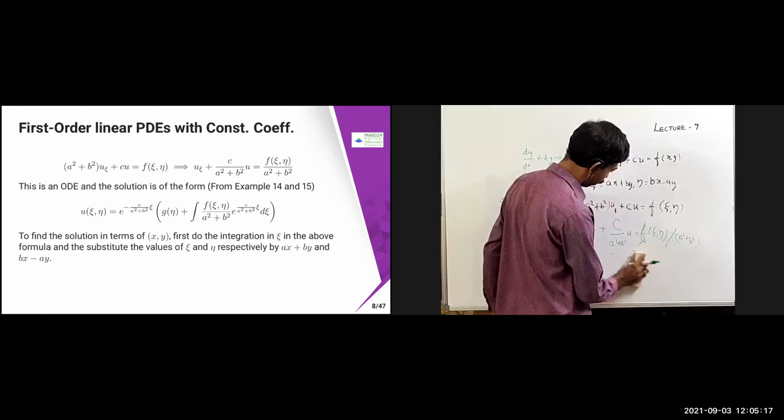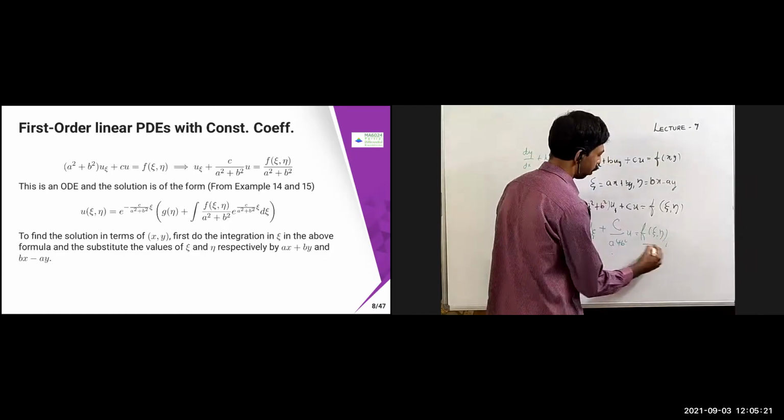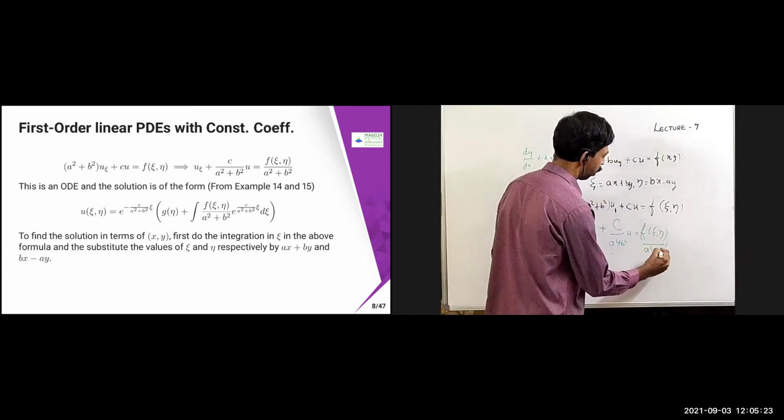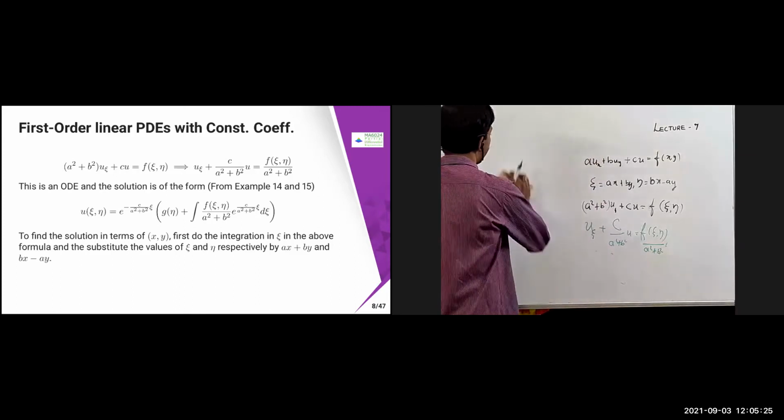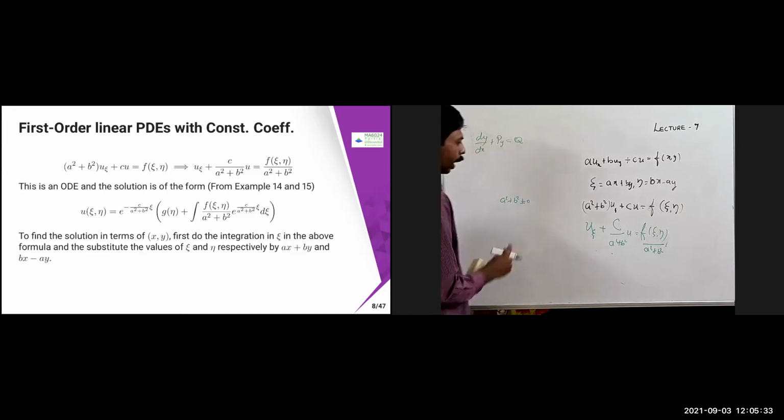Okay, so I'll erase this. This problem is similar to what we solved earlier: dy by dx plus py equal to q we have solved. Same kind of setup we are going to put.